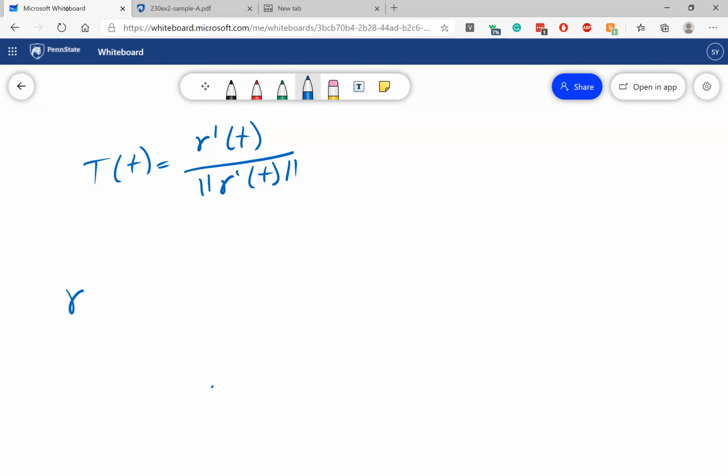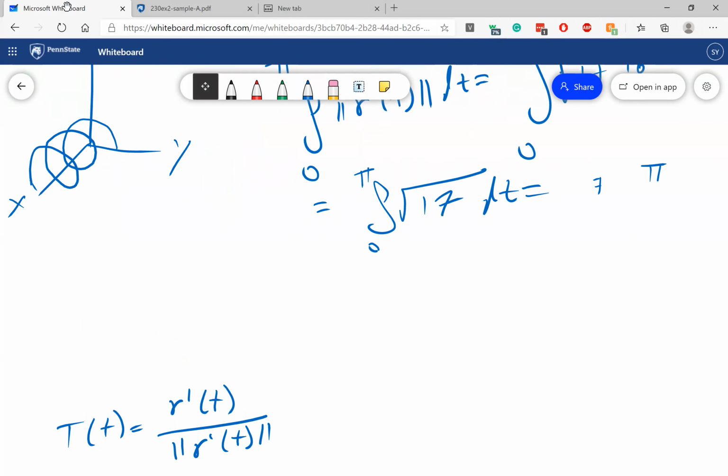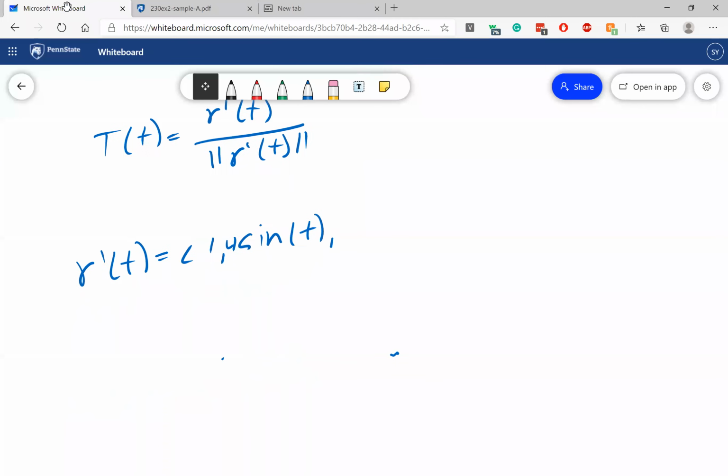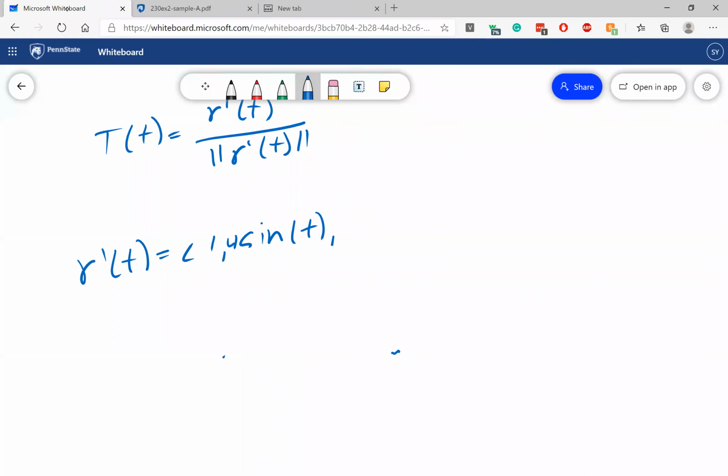So r prime of t is 1, 4 sine of t, and negative 4 cosine of t.